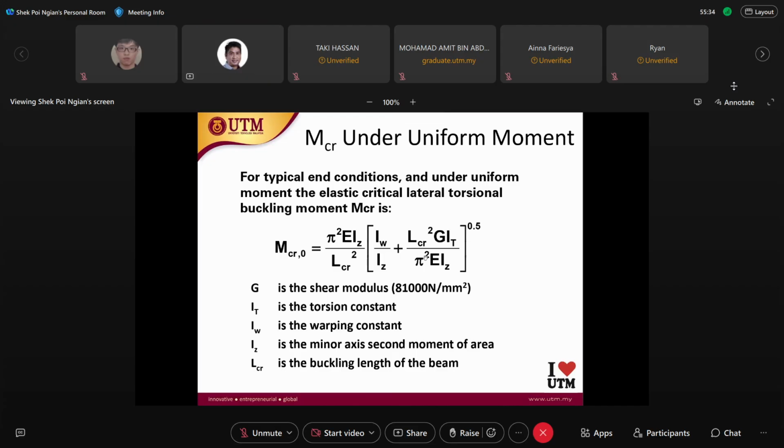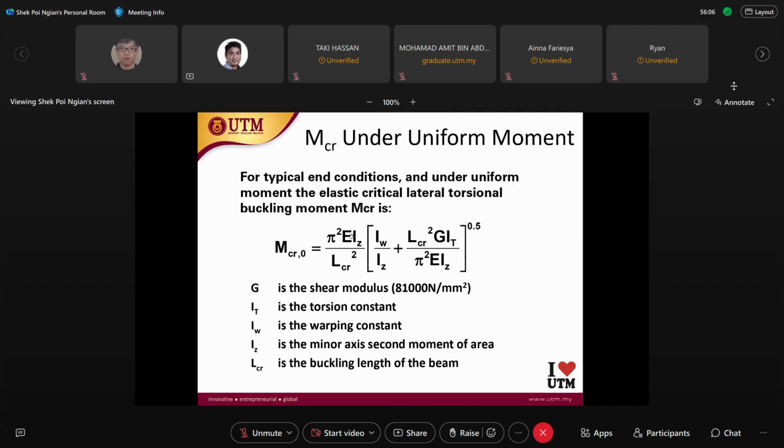So in this formula, we have E, the modulus of elasticity. And then we have Iz, the minor axis second moment of area. We have LCR, the buckling length. We have Iw, the warping constant. And then we have It, the torsional constant. We have G, the shear modulus.